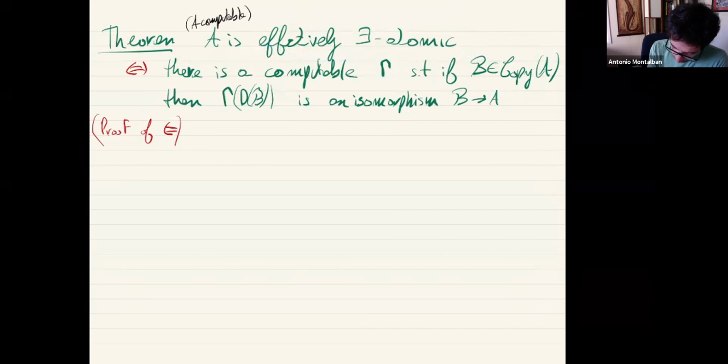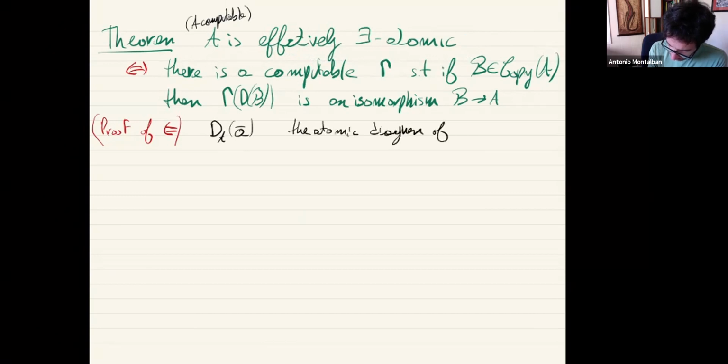For notation, if you have a tuple a within a structure A, I'm going to define what is called the atomic diagram of a in A. It's going to be a finite tuple, and the definition is the same.